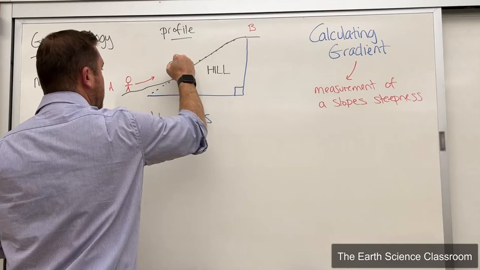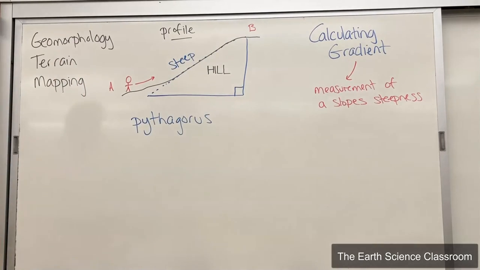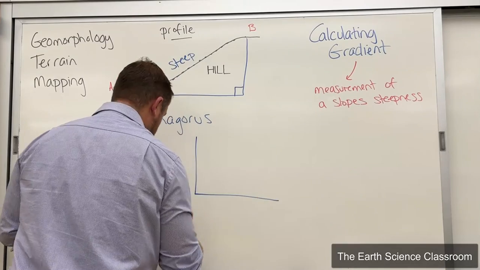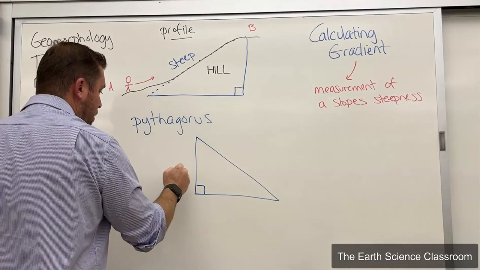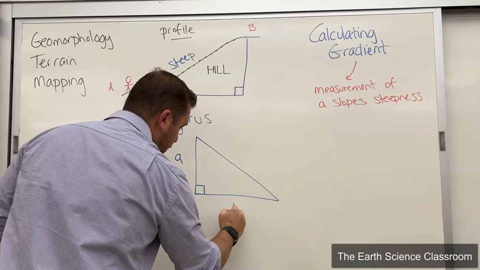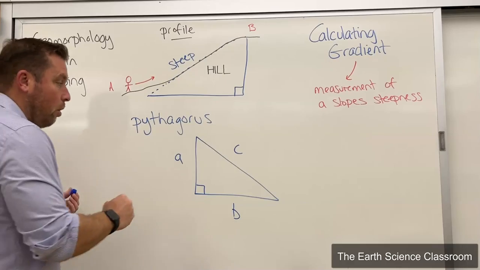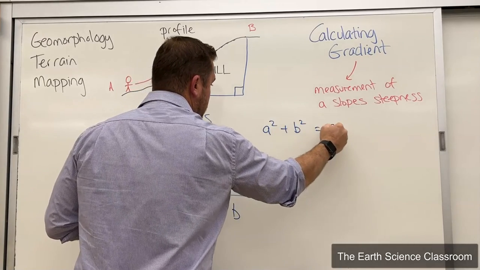So how steep is this hill in our outside area that we explored earlier? Our Pythagoras' theorem for the right-angled triangle has A, B, and C, where C is the hypotenuse. The regular one is A squared plus B squared equals C squared.